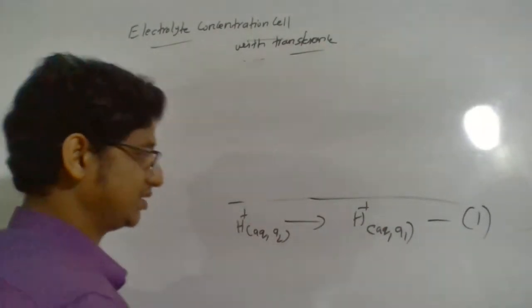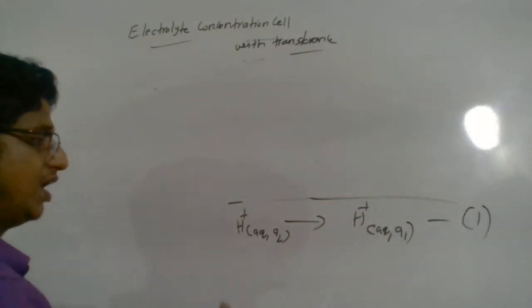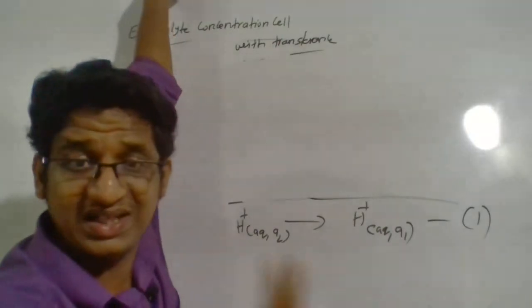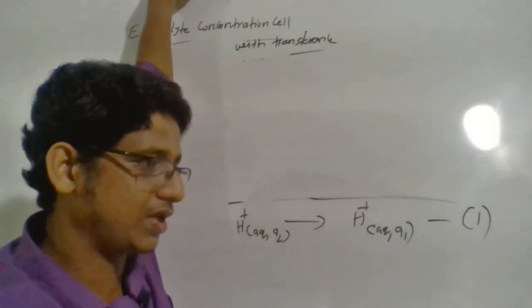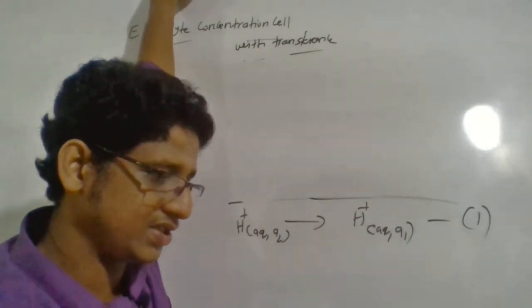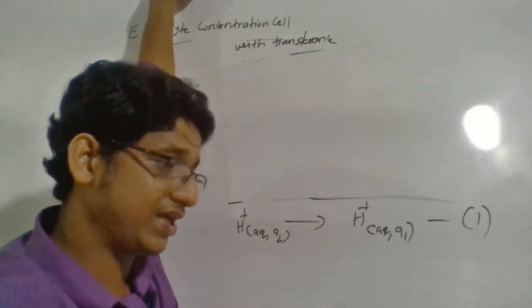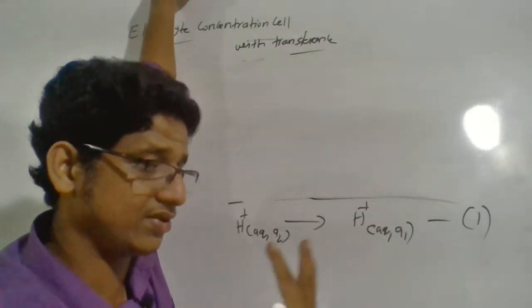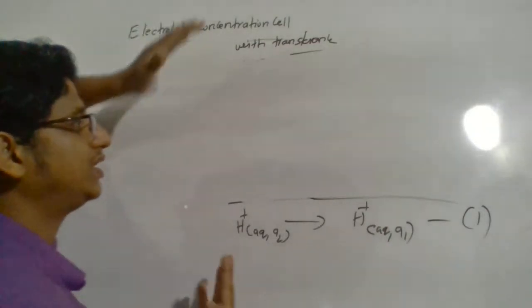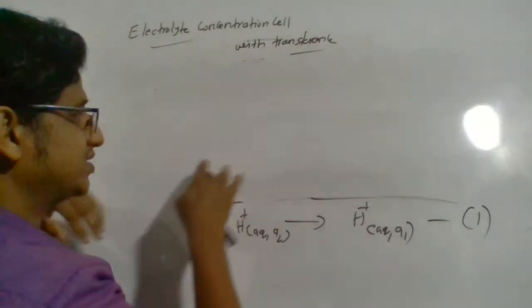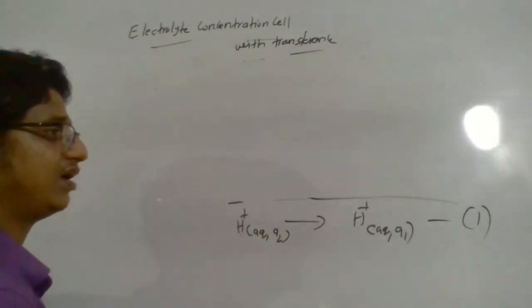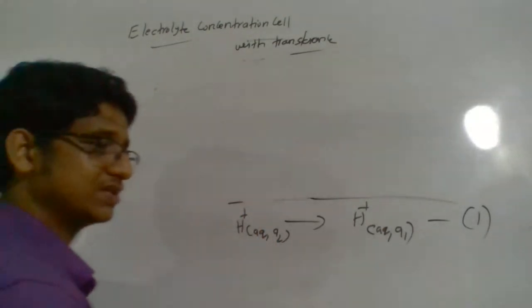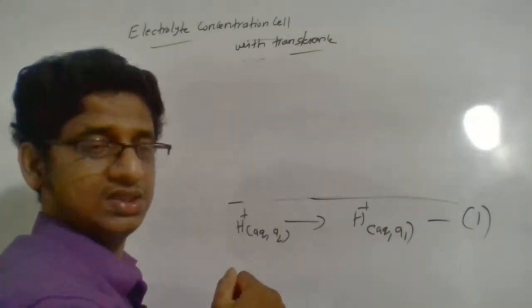Okay, let us imagine here at anode we saw H plus ion concentration is increasing. At cathode the H plus ion concentration decreases because at anode H plus ion is converting into hydrogen, whereas at cathode hydrogen is converted into H plus ion. So in the left hand electrode you will see H plus ion concentration increases. In the right hand electrode you see H plus ion concentration decreases.